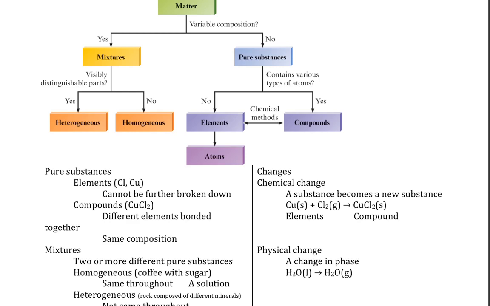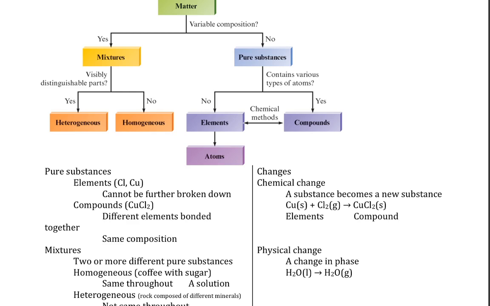Another compound that we would get by combining chlorine and copper is CuCl2. And that compound, which we name copper(II) chloride, always looks like that, CuCl2. We always have 1 copper for every 2 chlorines. So those are pure substances.